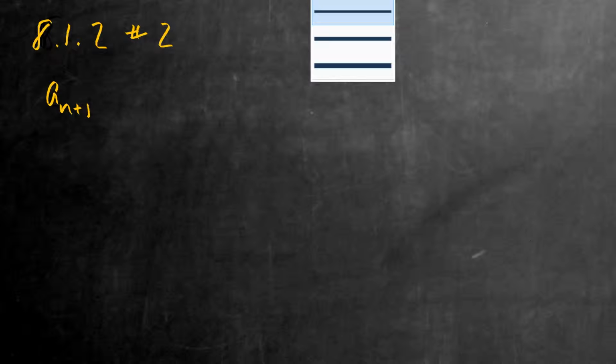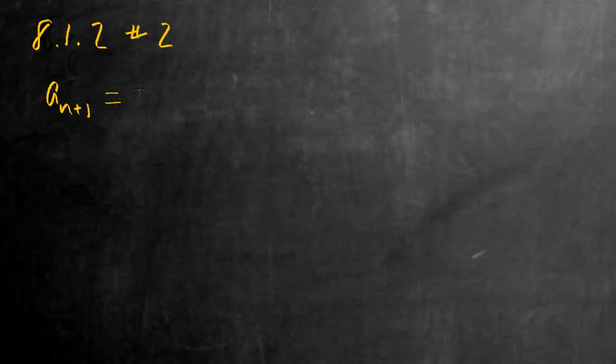Let's look at number 2, talk about recursive defined sequences. So a(n plus 1) equals 1 over 1 minus a(n), where a1 equals 0.